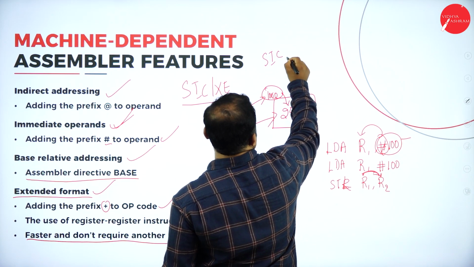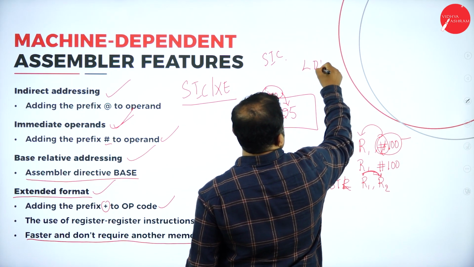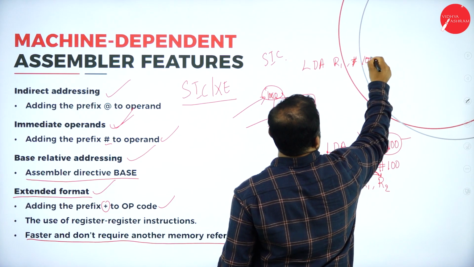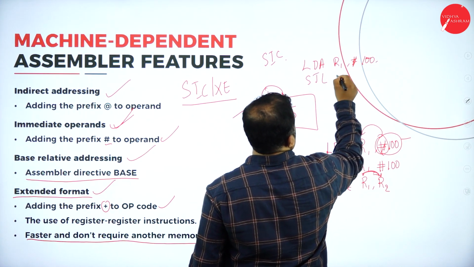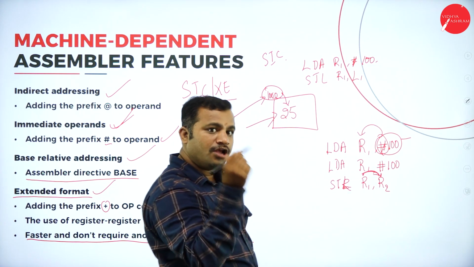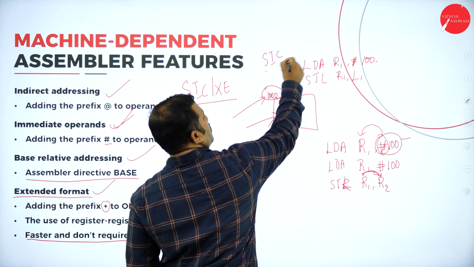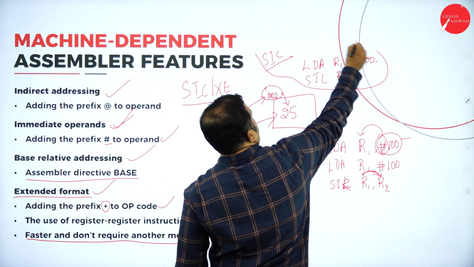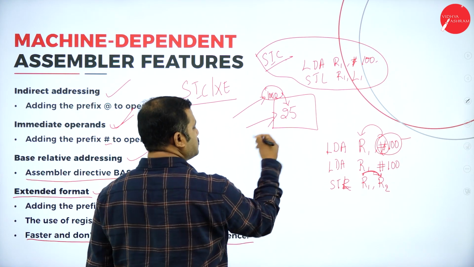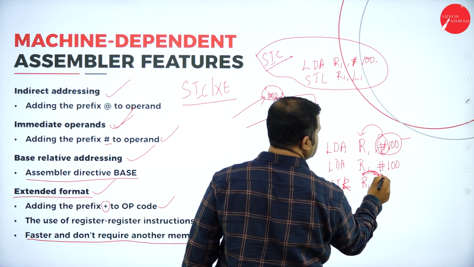In the SIC format, what do we do? LDA R1, 100, then STL R1, L1. That is called label operations. Memory operations are required in case of the SIC format, but that is not the case with the SIC/XE format. We can perform register to register operations.